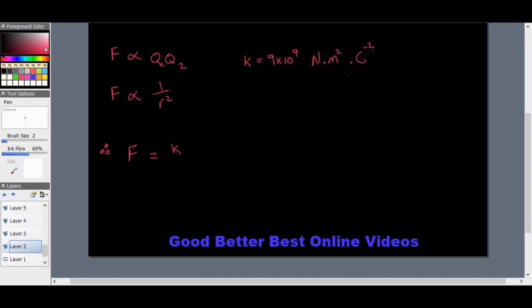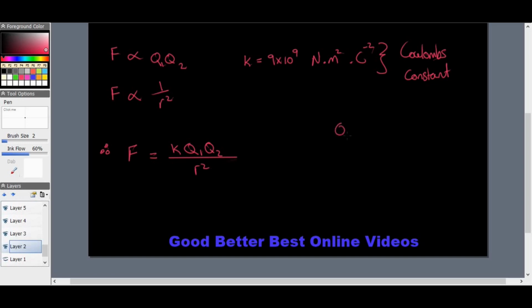Okay? Newtons per meter squared per Coulomb squared. That's Coulomb's constant. Add that here. Coulomb's constant times the product of the two charges, Q1 Q2, charge on object 1 times charge on object 2, all over the distance squared between them.